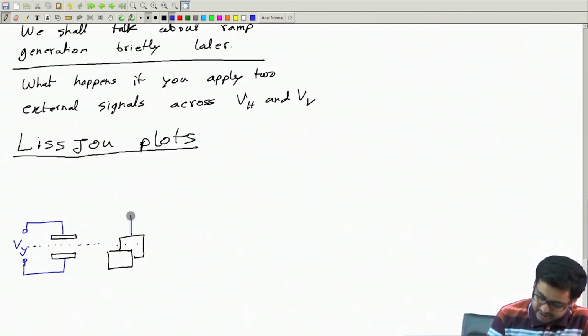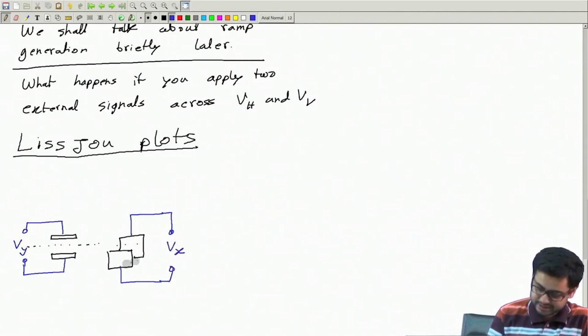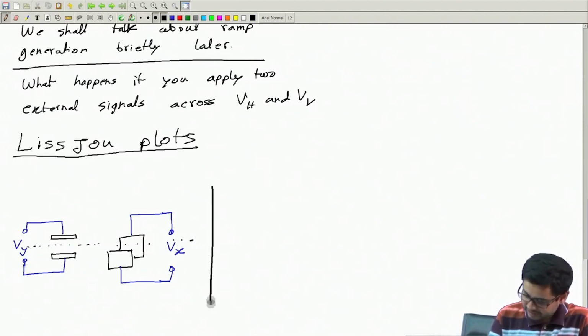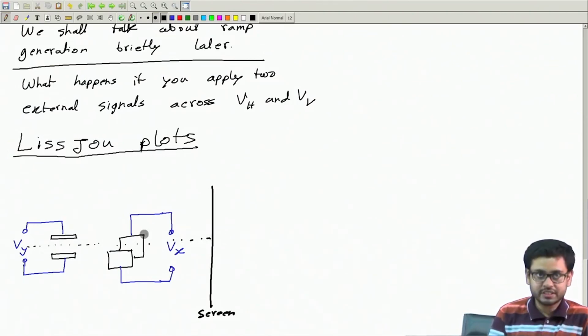Between the other plates we have a voltage, call it Vx, and the electron beam is flowing through this and hitting the screen. Okay, so this is the arrangement, right? This is the side view of an oscilloscope.